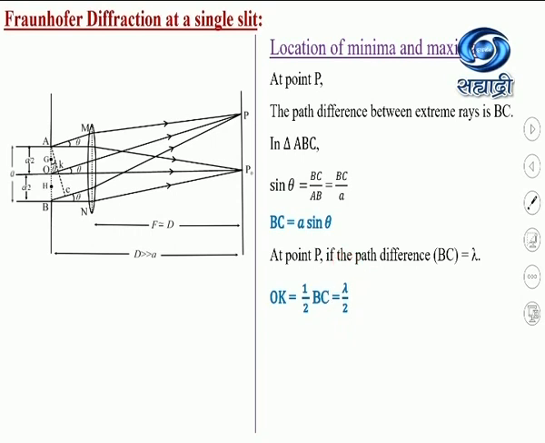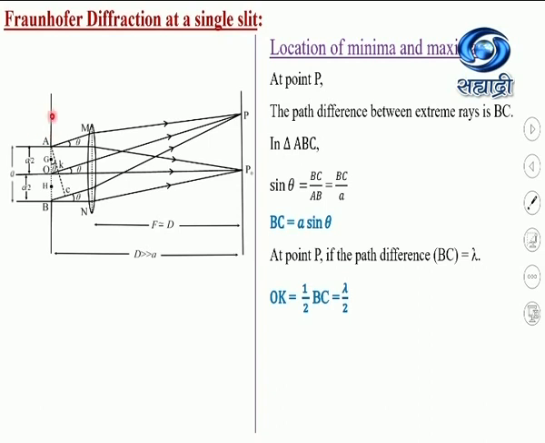Now, we consider a pair of 2 points, point A and O. When the rays from point A and O reach point P on the screen, these two rays have the path difference which is equal to OK, that is equal to lambda by 2.